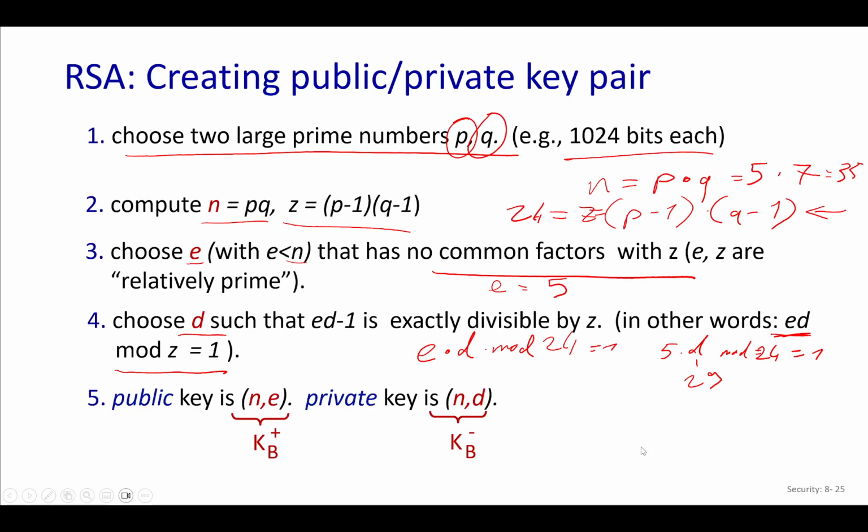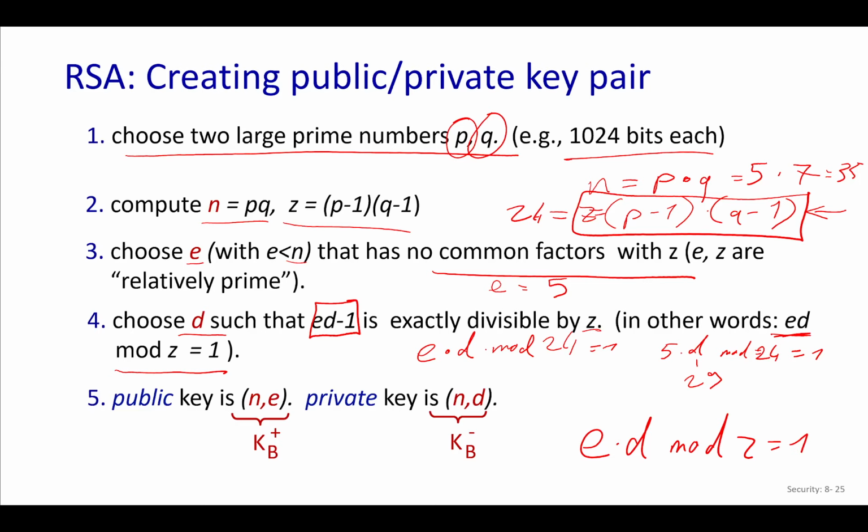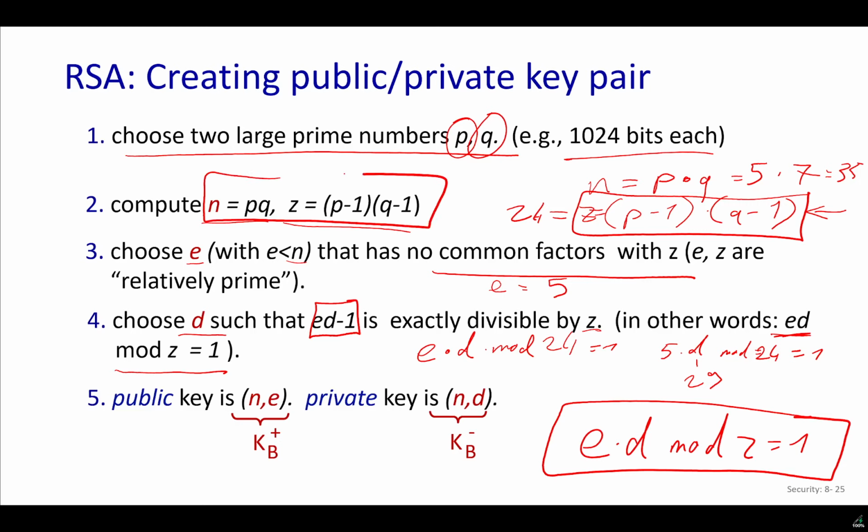But there's one trick. This z has a very interesting property, because we also select e and d in a way that e times d mod z equals 1. And why is it selected that way? Because we will use this property, and this only works if n and z have these properties.